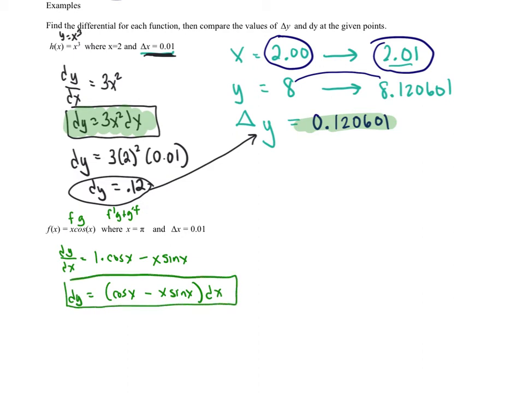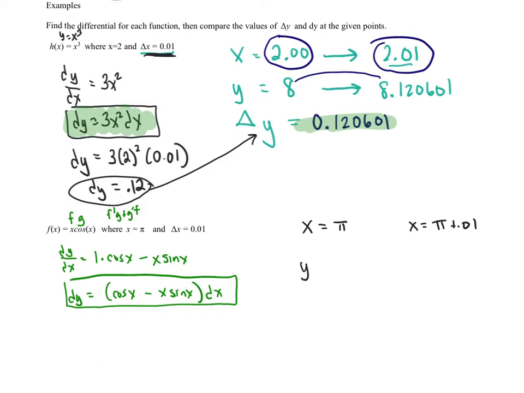So we can approximate that. Now this is a really tricky one because if I want the actual function, I'm going from x equals pi, and my delta x is 0.01, so if I add that to pi, I get pi plus 0.01, some even weirder decimal, right?